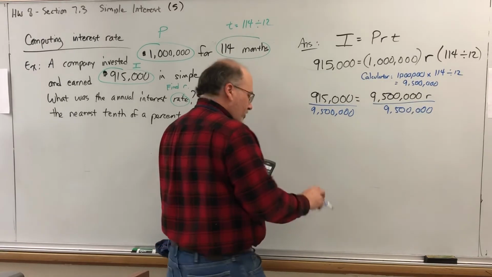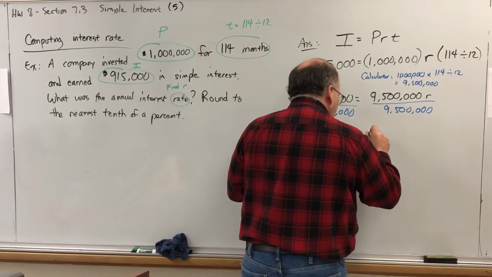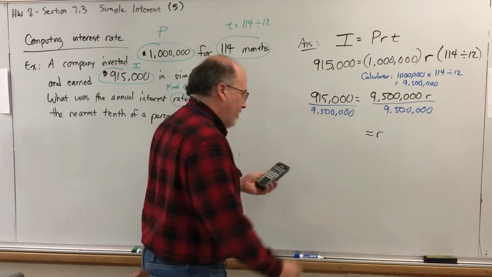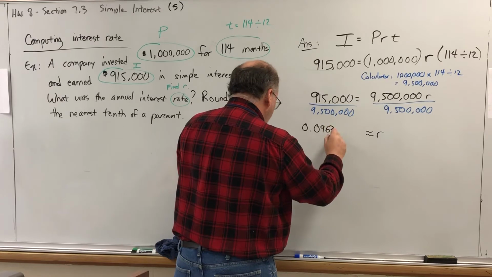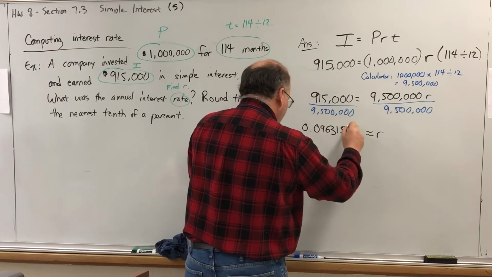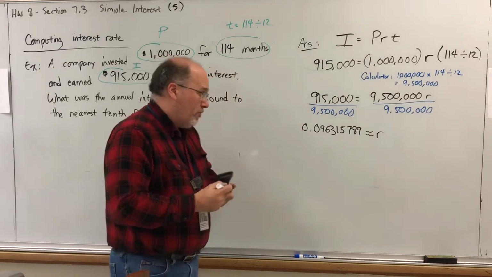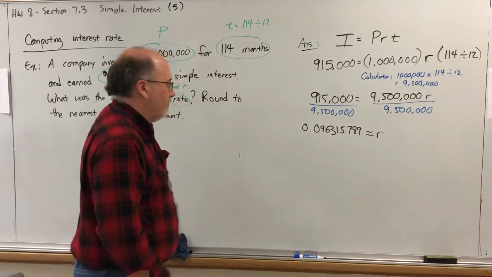Nope. So our interest rate, and I'm going to write everything the calculator has here, wavy equal sign, meaning that this is rounded off: 0.0963157889. Your calculator may show more or fewer digits depending upon how much its display can handle.